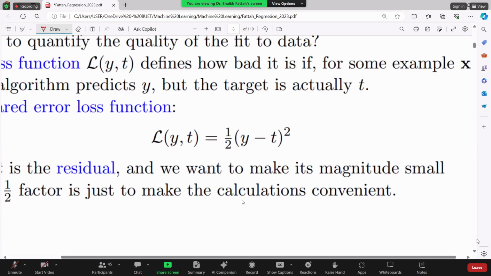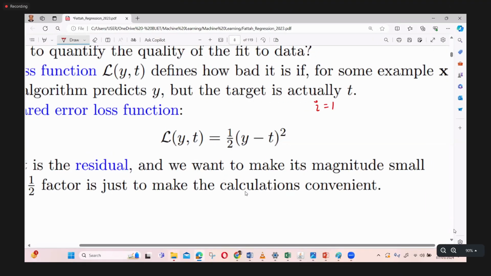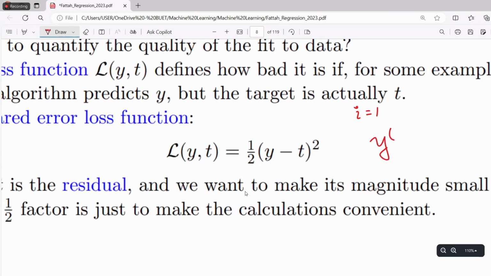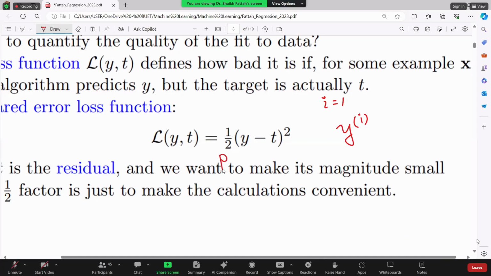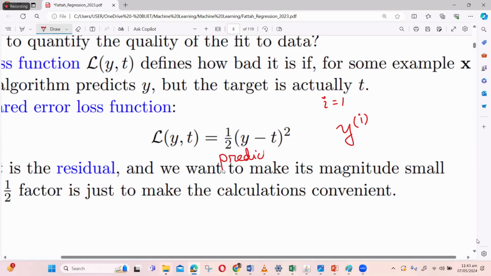For each sample, you are supposed to find a prediction. So yi indicates the prediction for the ith sample, ith student, ith object, ith data.